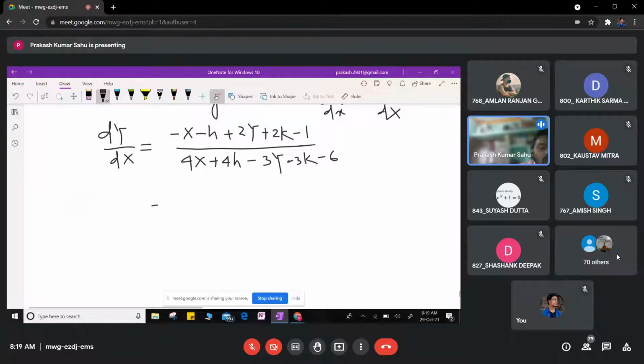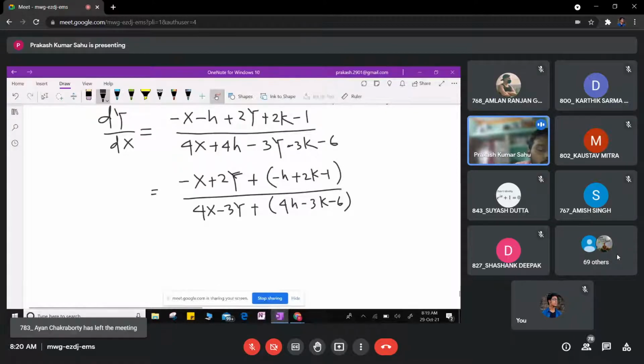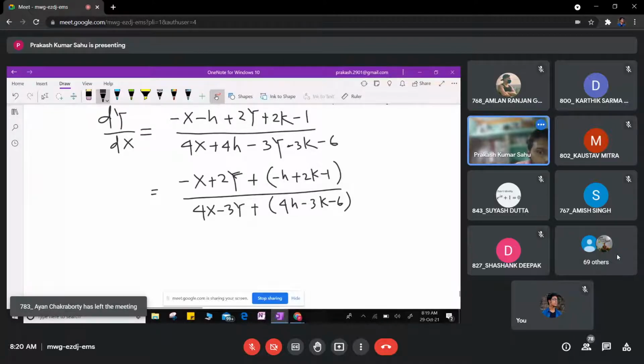Okay, and we say that this constant term, we choose h and k in such a way that these two equations, minus h plus 2k minus 1 is equal to 0 and 4h minus 3k minus 6 is equal to 0. These two terms must be 0. So what will be the value of h and k? That means we have to solve these two equations so that these terms will be 0. Okay, and we can also find the particular value of h and k.